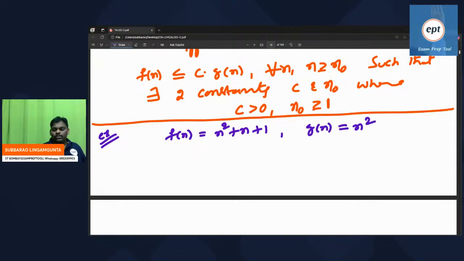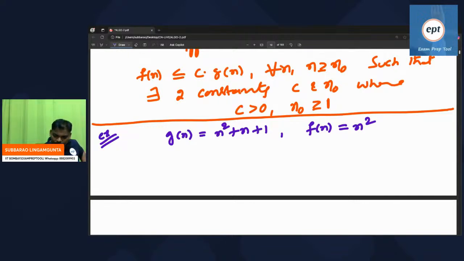Otherwise I will say the reverse first. g of n is equal to n square plus n plus 1, f of n is equal to n square.